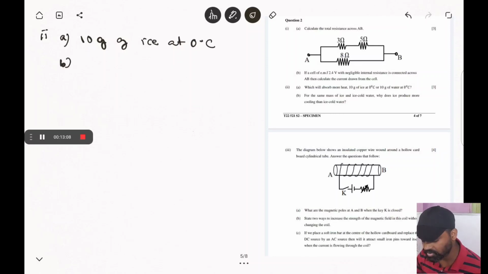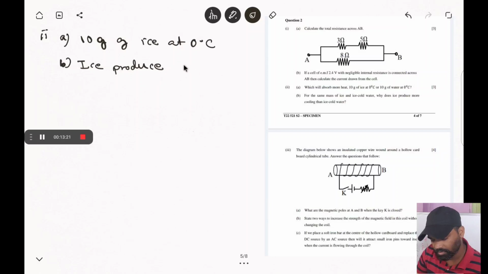Now, number B. For the same mass of ice and ice cold water, why does ice produce more cooling than ice cold water? Just the previous one which we were discussing. See, ice produces more cooling effect. Why?